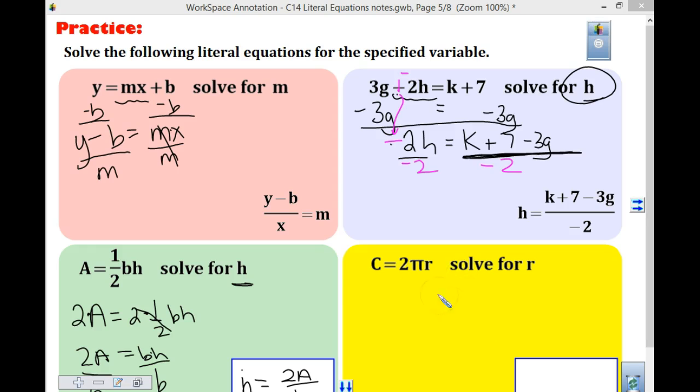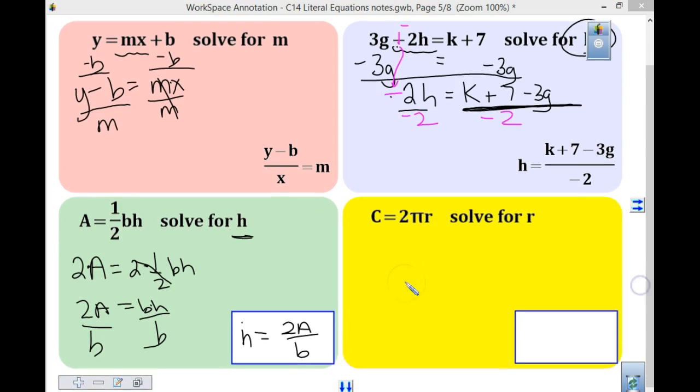Okay. Grace, you ready to start this next one and finding what r is? Okay, divide by 2. That gets rid of the 2. Does that get the r by itself yet? What else could I divide by with the 2? The pi.